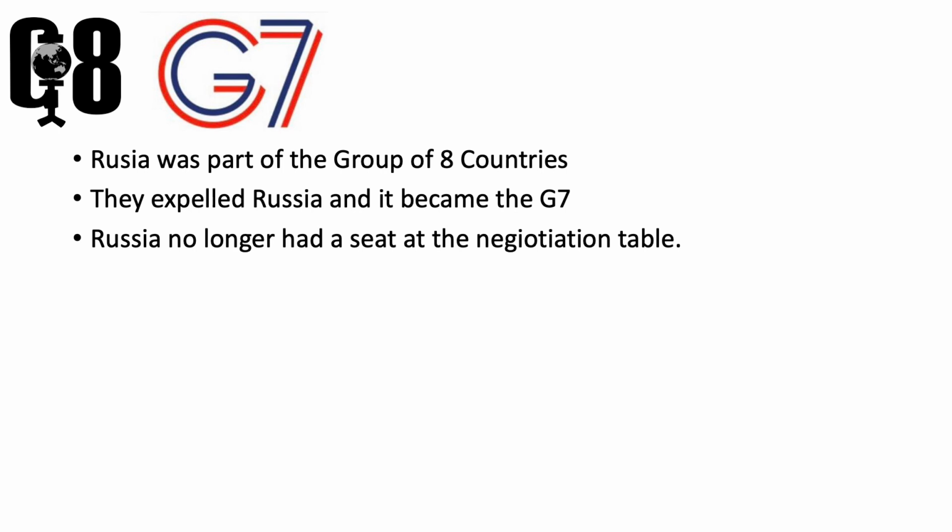In addition, the EU joins but isn't part of the G7. And Russia joined this group in 1998, but they were expelled, or kind of kicked out, in 2014 after they took control of Crimea. So now Russia no longer has a seat at the negotiation table of the G7.